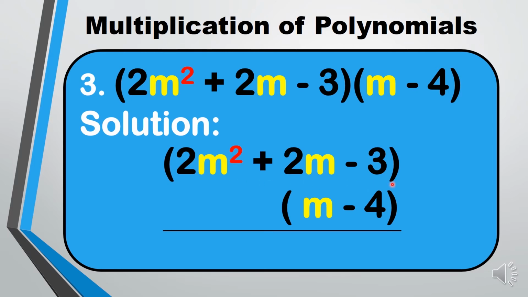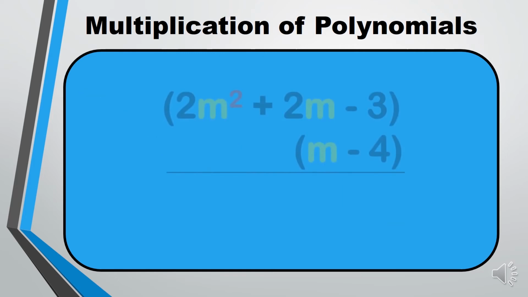At kapag nakakuha na tayo ng partial product dito, ang susunod naman nating gagawin ay i-multiply ang first term ng ating binomial, which is m, sa ating trinomial. And then, i-add na natin ang ating mga nakuhang partial product para makuha natin ang ating final product. Let's begin.